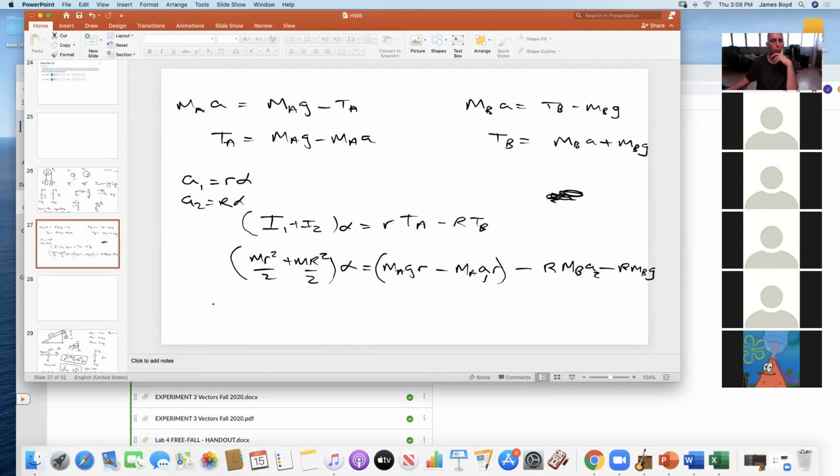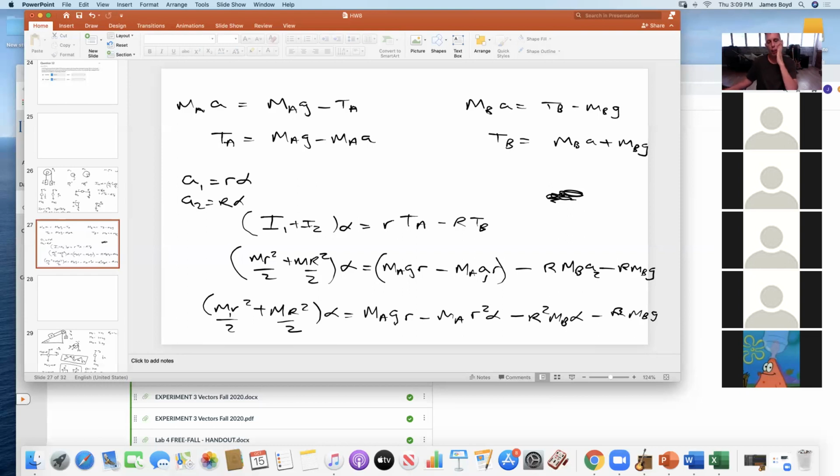So when we write that, we get m1 little r squared, sorry. Nope, m1, I was right. Squared over 2 plus m2 big R squared over 2 times alpha is equal to MAG little r minus MA little r squared alpha minus MB big R squared alpha minus MBG big R. And we're going to do more of these as we go.